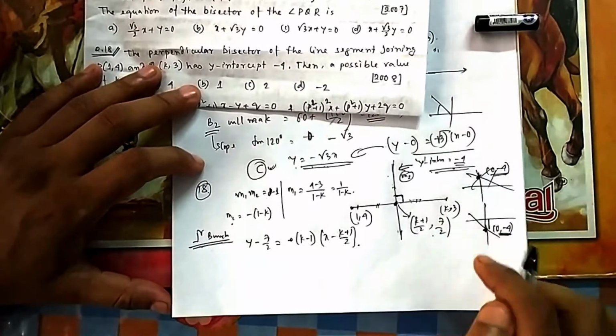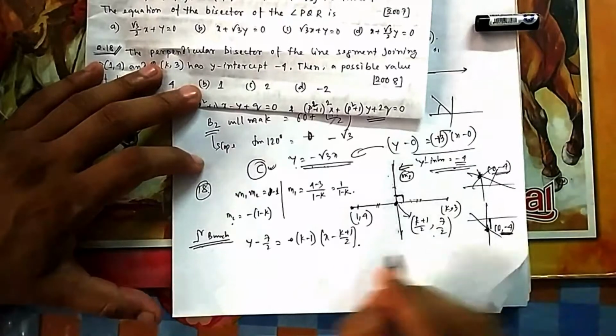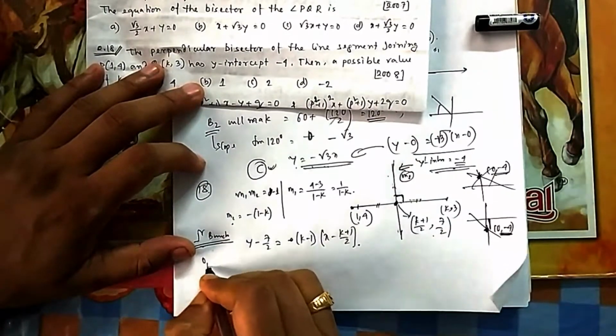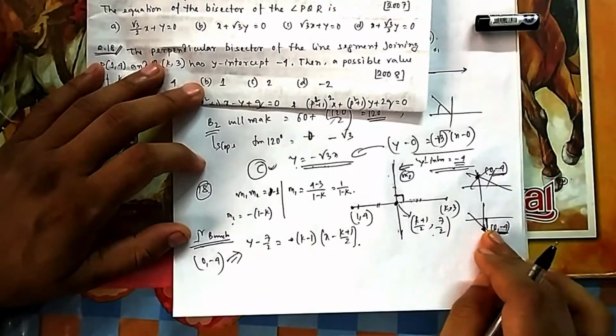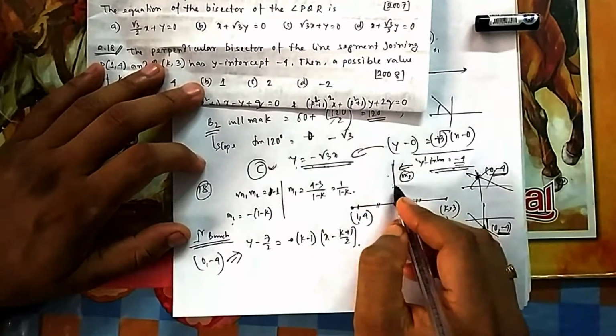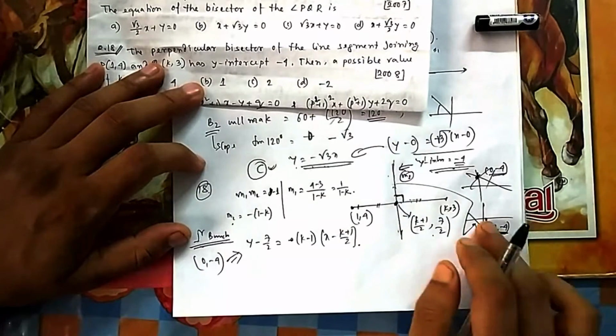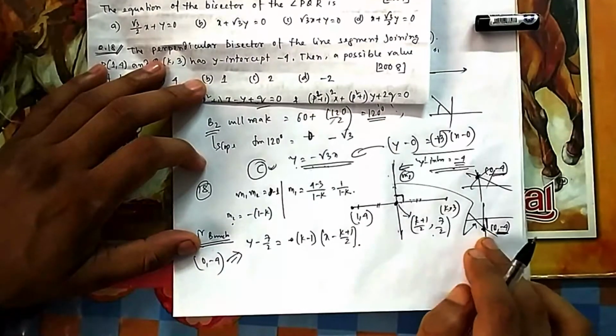That is the meaning of y-intercept. So if I put 0 comma minus 4, it should satisfy the line. So it has to pass through 0 comma minus 4.